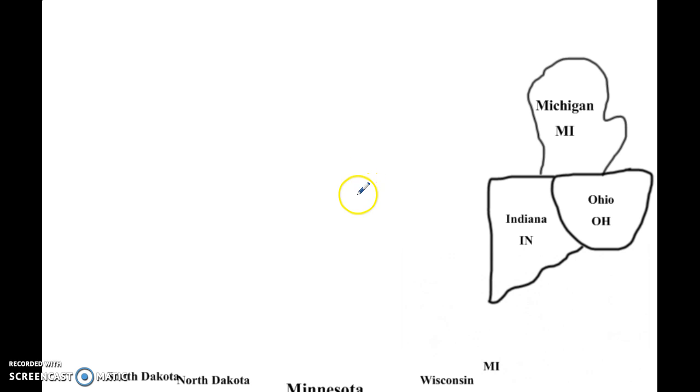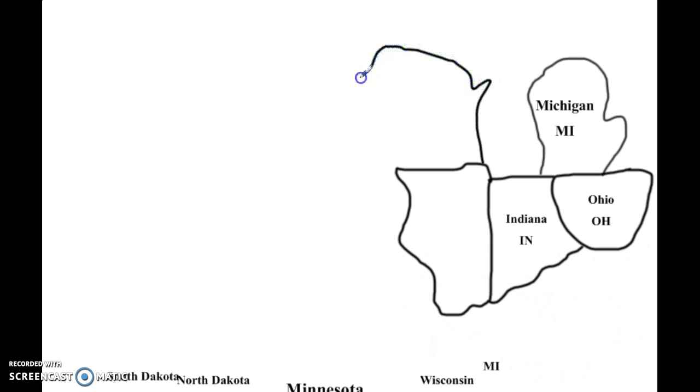Next, to the west of Indiana, we have Illinois, another I state. There's actually three I states in this region. Illinois is kind of a funny shape. And then to the north of Illinois, we have what I always say is the opposite of Michigan. It's Wisconsin. Wisconsin kind of looks like a mitten too, but the other way.